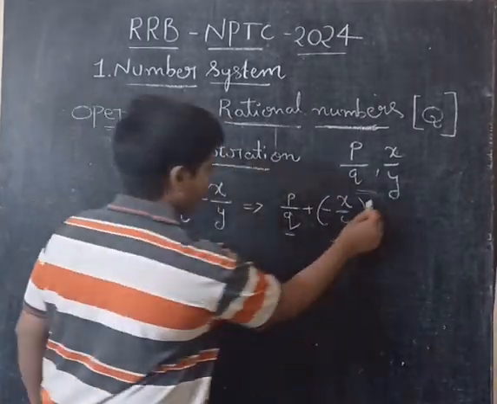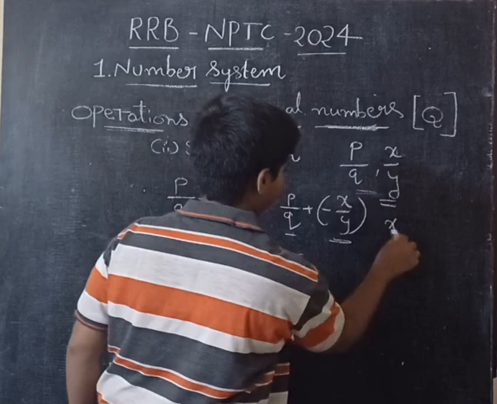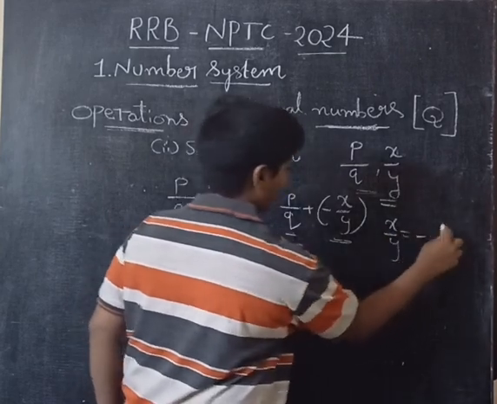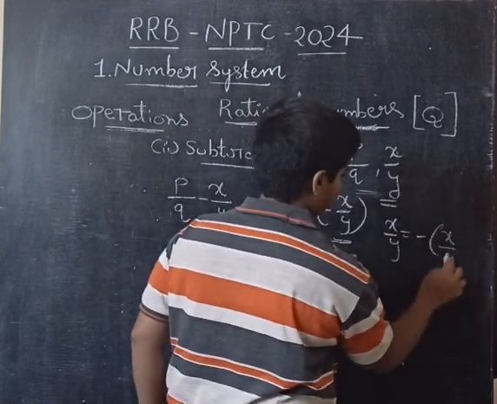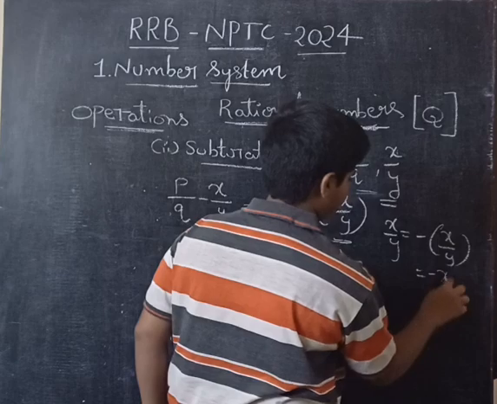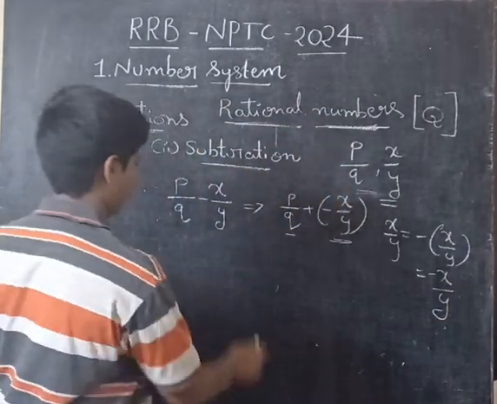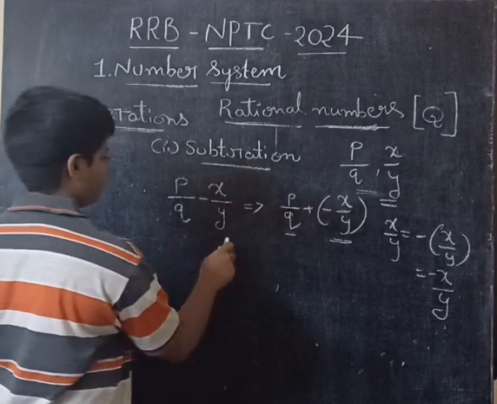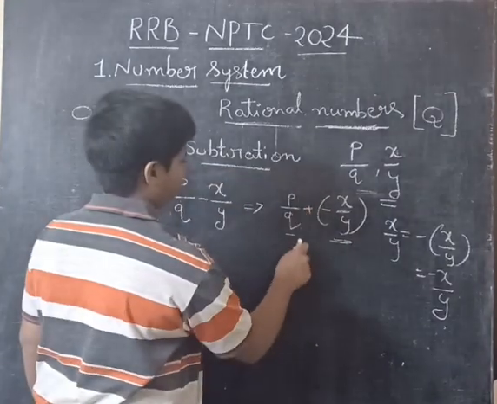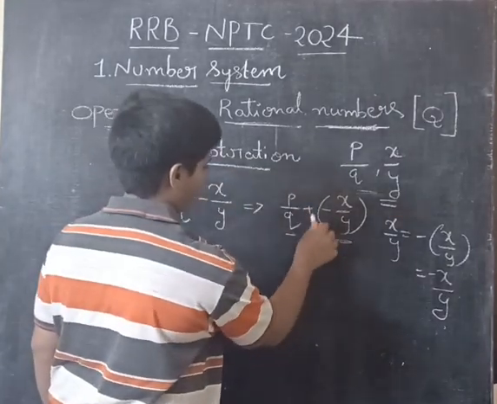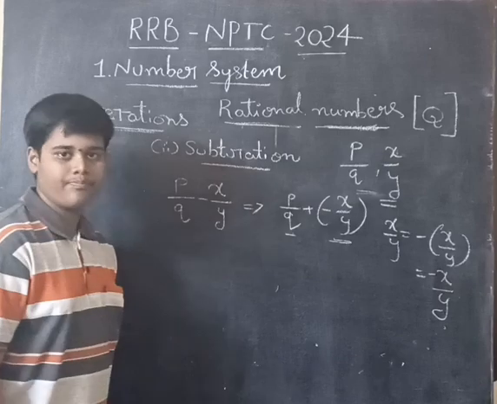The additive inverse of x by y is minus x by y. So the subtraction p by q minus x by y is nothing but p by q plus minus x by y.